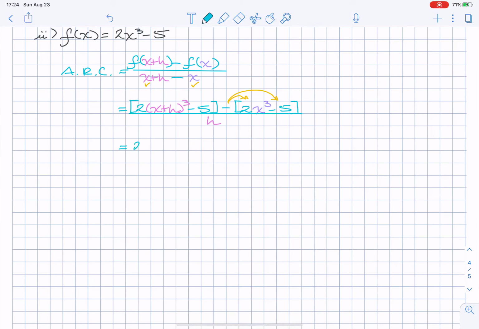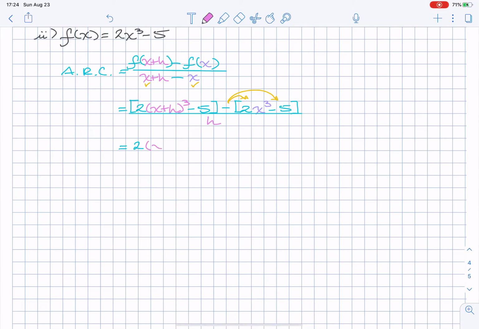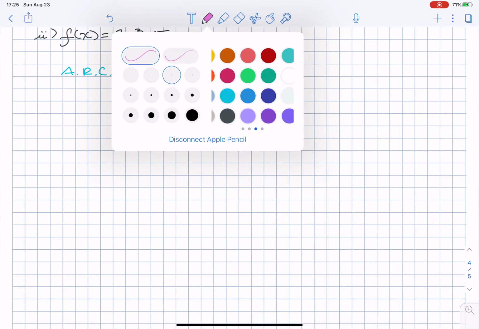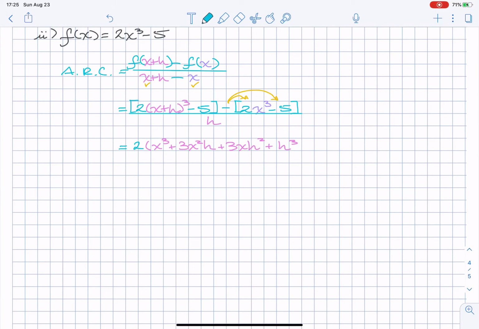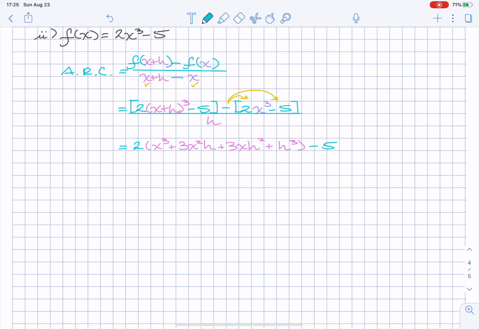So this becomes 2 times the quantity. Using Pascal's triangle, this is x cubed plus 3x squared h plus 3xh squared plus h cubed. Oh, and parentheses, sorry. Minus 5, and then I'm distributing the negative.